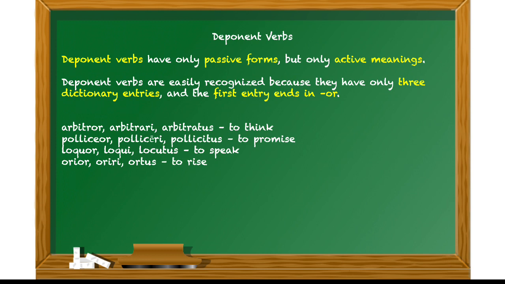And then the last one here is a fourth conjugation, orior, oriri, ortus, to rise. And it has IRI instead of the IRE that's usual for fourth conjugation. As always, pause the video as you need to and press play when you're ready to go on.